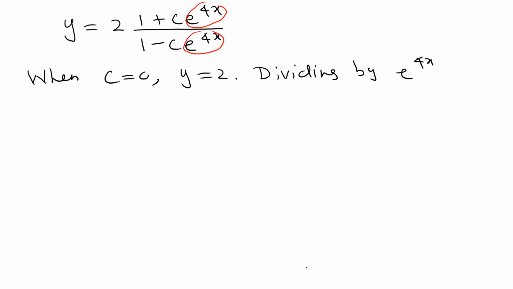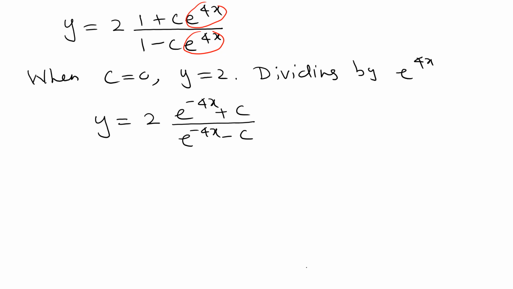So y is equal to 2 times e to the negative 4x plus c, over e to the negative 4x minus c. That's what you get. And then let's see what happens when x goes to infinity.